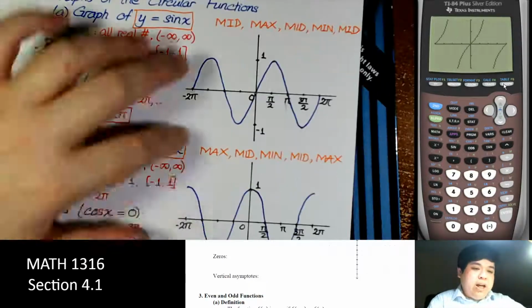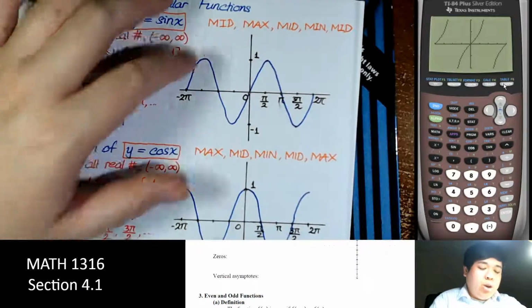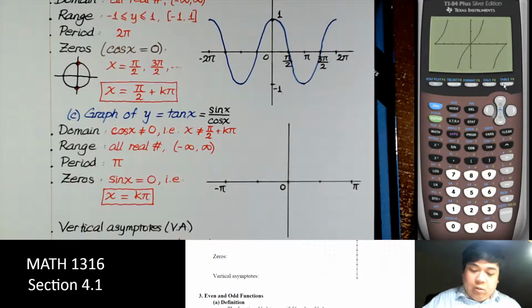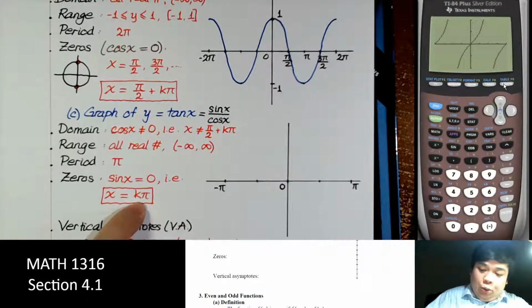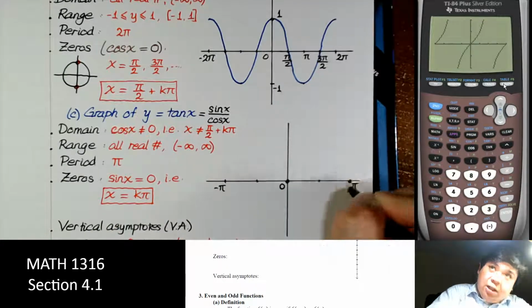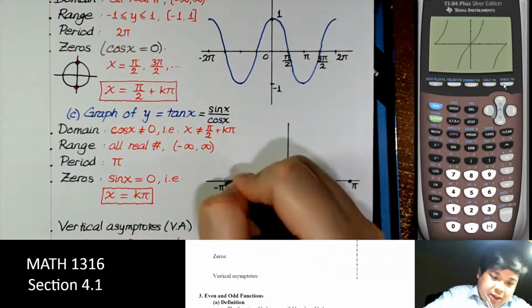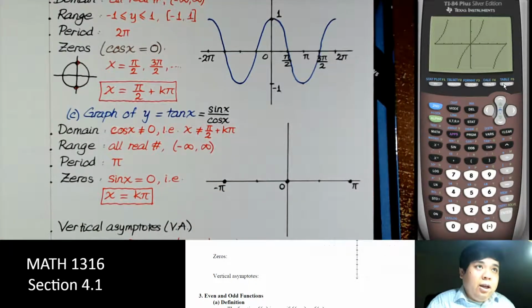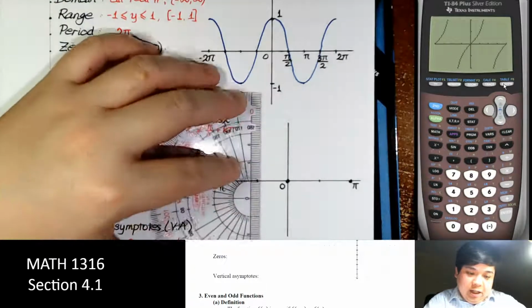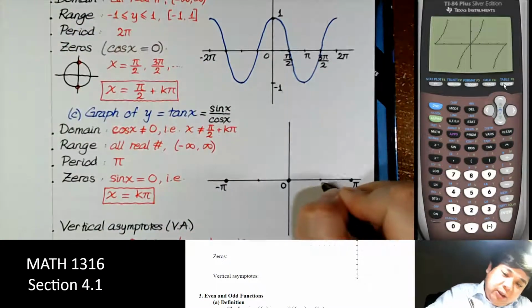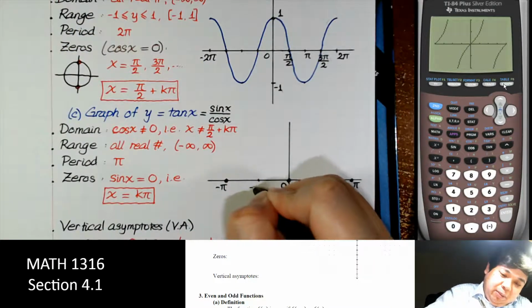For tangent and cotangent, we're not going to use these two. What matters is based on the zeros and the vertical asymptotes. We have 0 when it equals pi, so 0 is going to be here and here. And then the asymptotes will be where it's equal to pi over 2 and negative pi over 2.